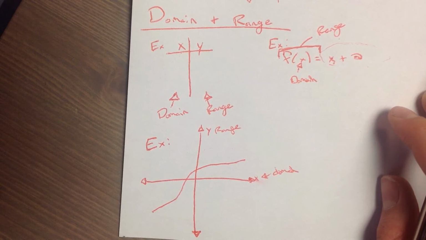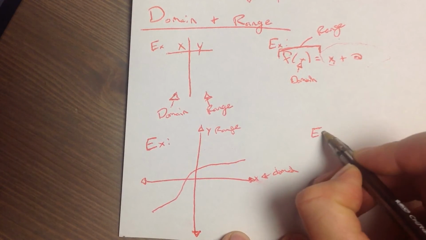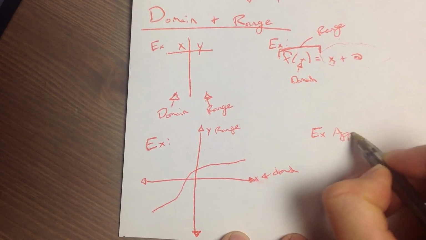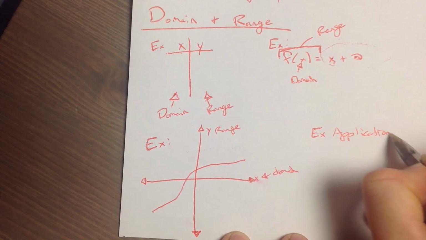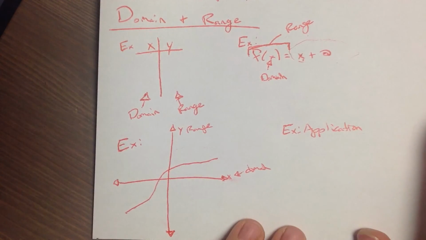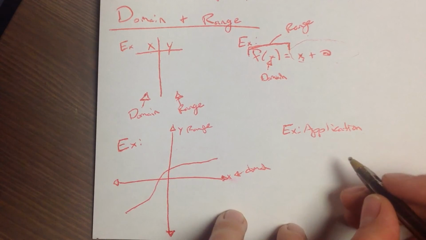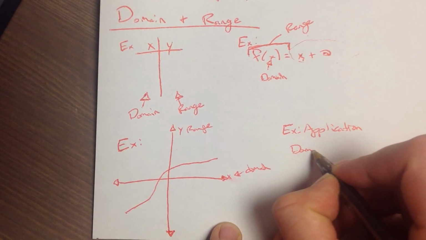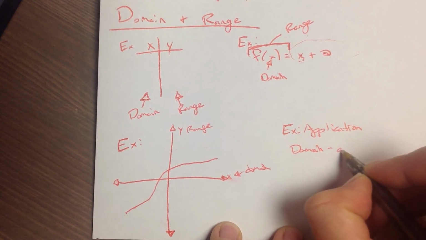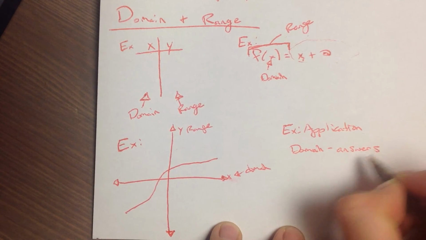A last way we could see domain and range is in application problems, when we're actually putting things into practice. In this case, the domain is what answers make sense.